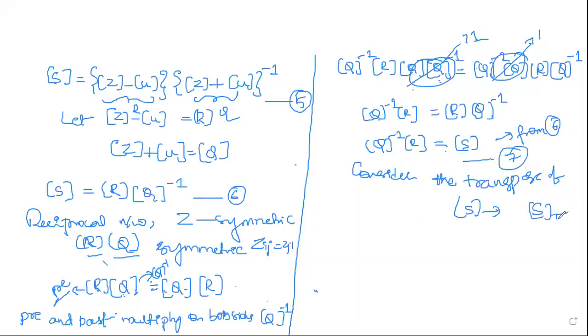That will be considered for the equation which I have written here, equation number 5. To this equation, you are writing the transpose. What is the transpose? If I write it for the same equation number 5, just a minute.